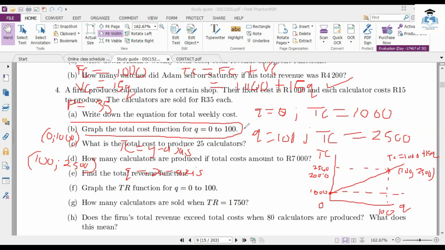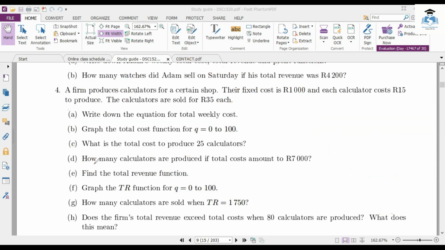All right, now let's move on. I said write this function down, so that when I want it, I will just ask from you guys. Now it says, what is the total cost to produce 25 calculators? So we say TC is equal to 1,000 plus 15Q.